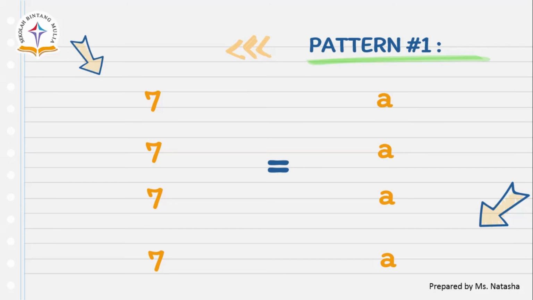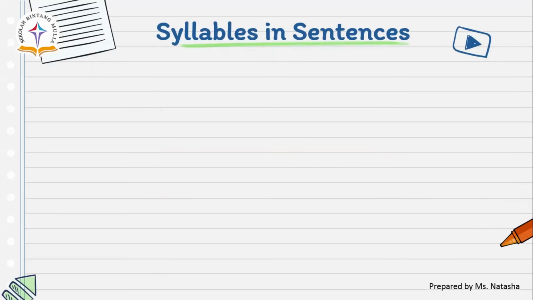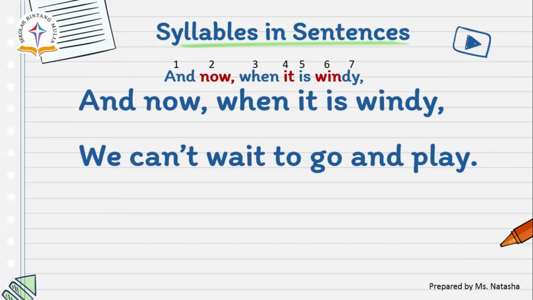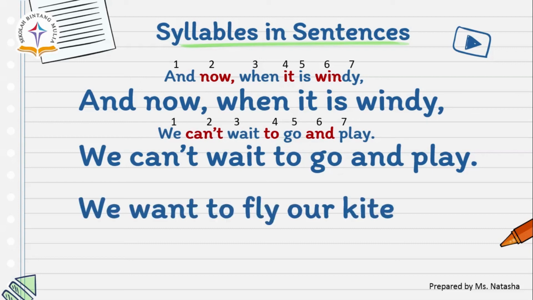Let's take a look at another example. And now when it is windy, 7. We can't wait to go and play, 7. We want to fly our kite, 6.